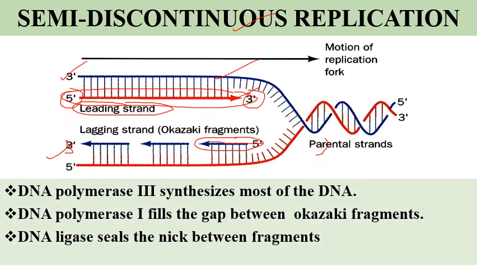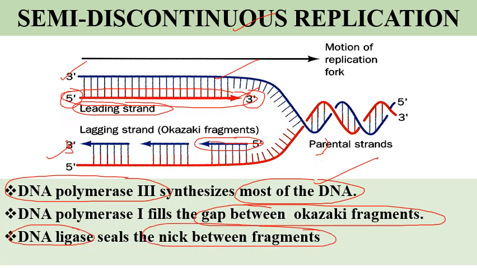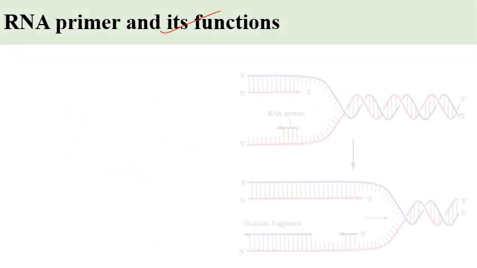Here DNA polymerase 3 synthesizes most of the DNA, so it helps in polymerization. Then DNA polymerase 1, which has proofreading activity, fills the gap between Okazaki fragments. And DNA ligase, which is also known as molecular glue, seals the nick between fragments. So जो DNA fragments हैं उनको जोड़ने का काम करता है DNA ligase. RNA primer and its function we have already discussed.